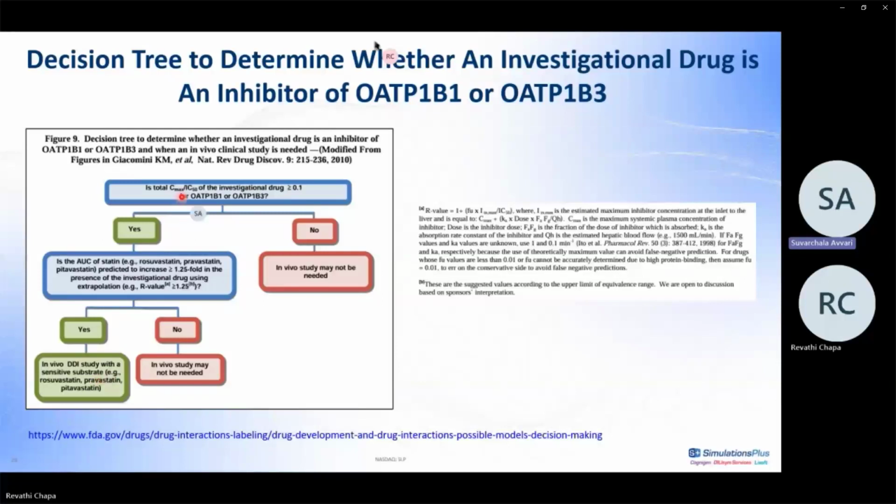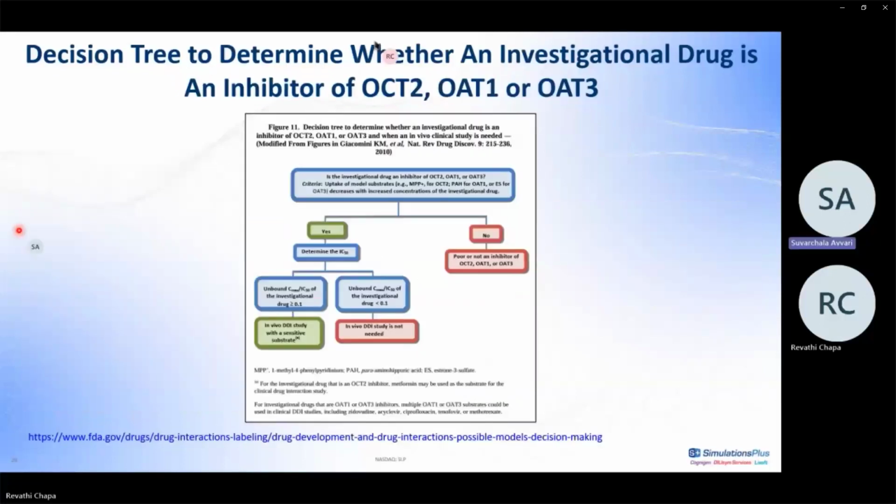And if the Cmax over IC50 ratio for the investigational drug is less than 0.1, then the in vivo study may not be needed.